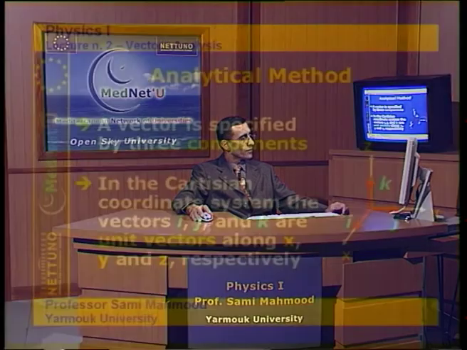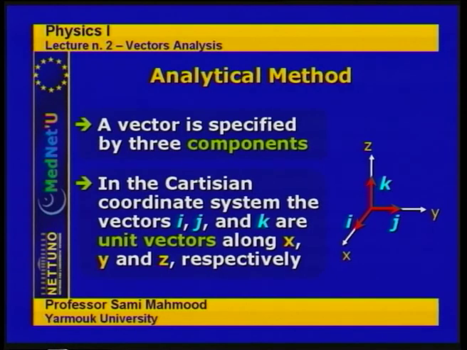So that way we have a method for analyzing a vector into three components in the directions x, y, and z. These are, in the figure, the x, y, z coordinates of the Cartesian system, and i, j, k are the unit vectors along these directions.